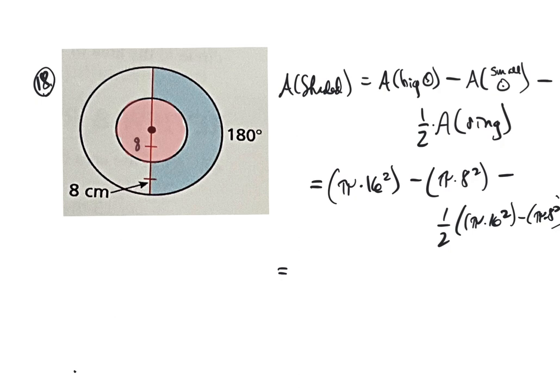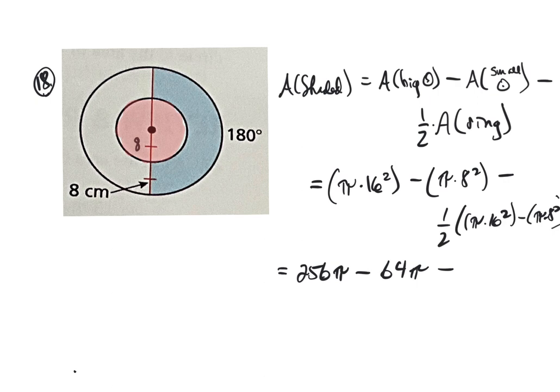So 16 times 16 is 256 pi. 8 times 8 is 64, 64 pi. And then we also have to subtract away half of the ring. So that's going to be, let's see, just need a calculator for that subtraction.